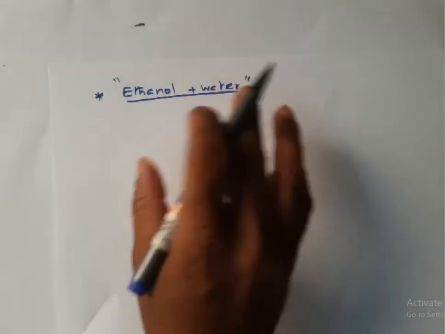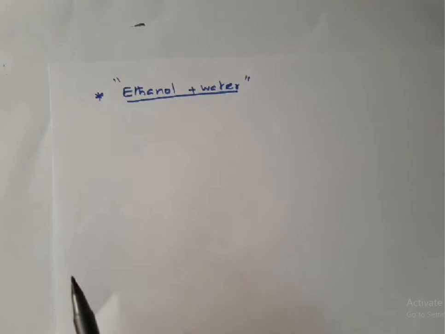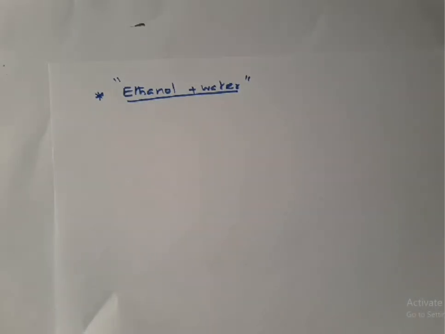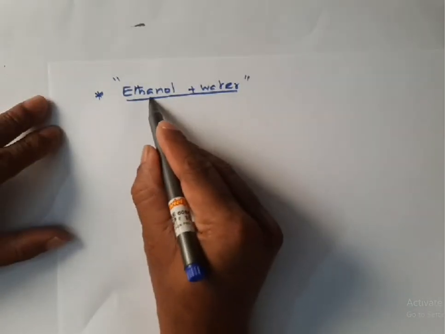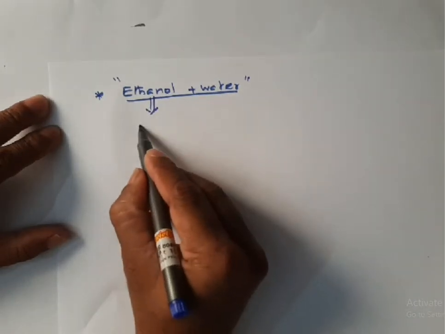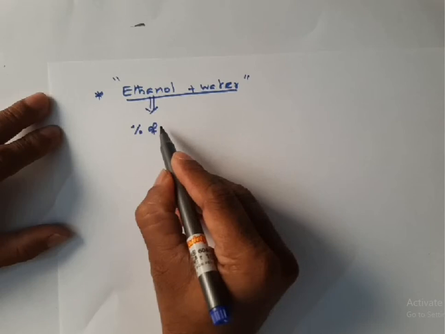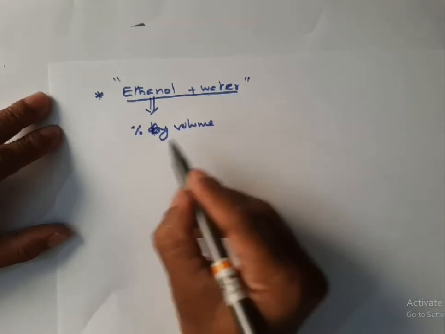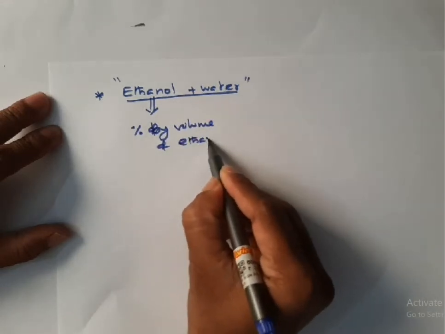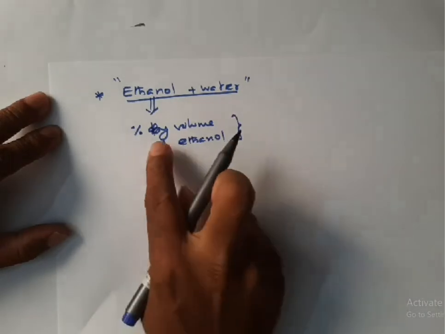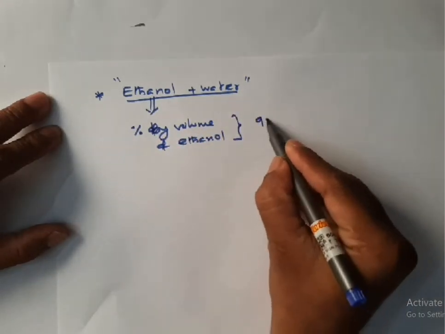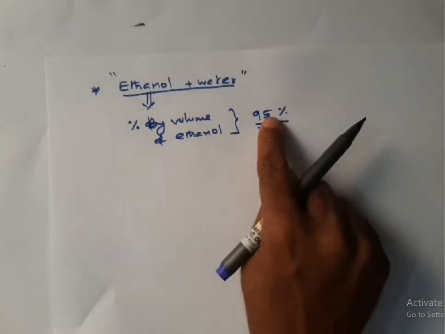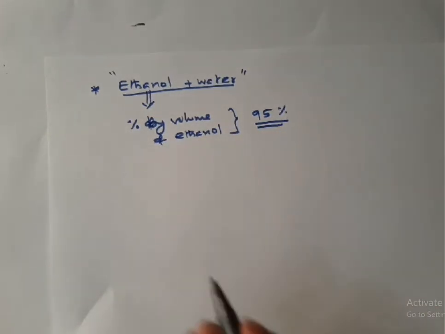From the ethanol water mixture you can get pure ethanol by simple distillation. But once it reaches a particular composition, say for example percentage by volume of ethanol, suppose it reaches 95%, that means 95% is ethanol and the remaining 5% is water.